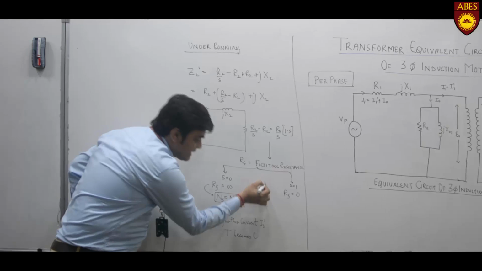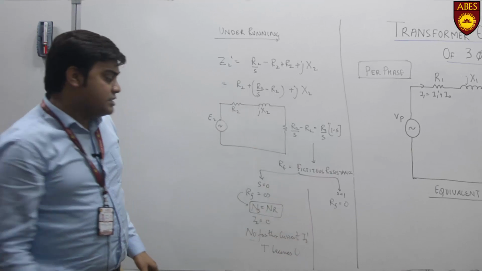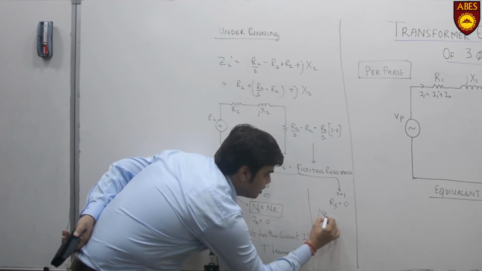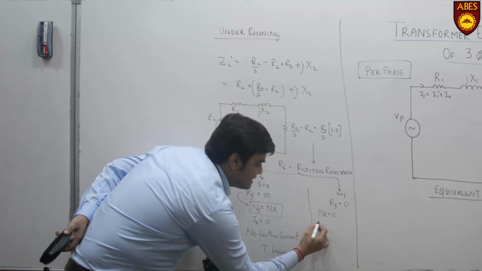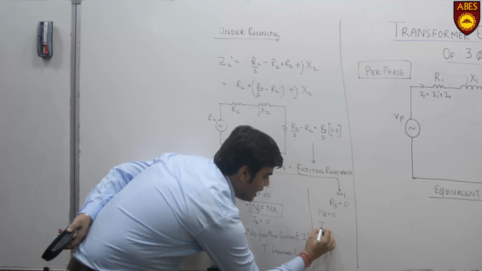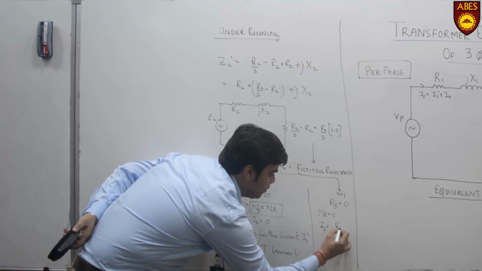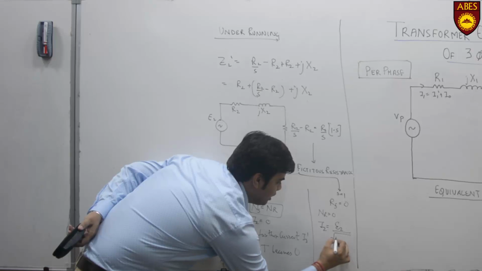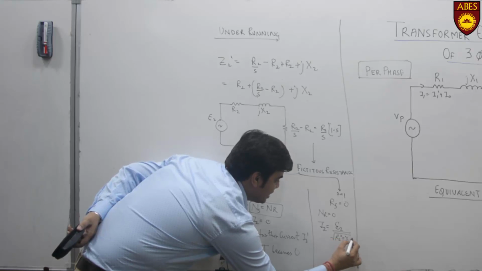If I see the second condition, when RF is 0, that means when NR is equal to 0, you can see I2 exists, and I2 is equal to E2 upon the square root of R2 square plus X2 square.